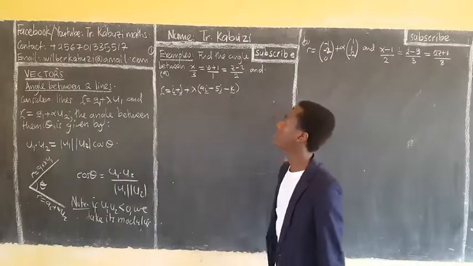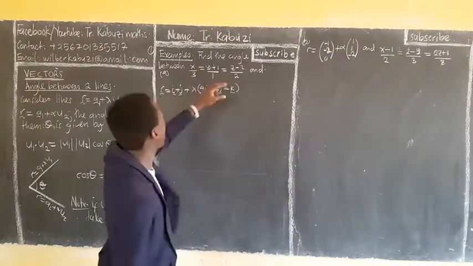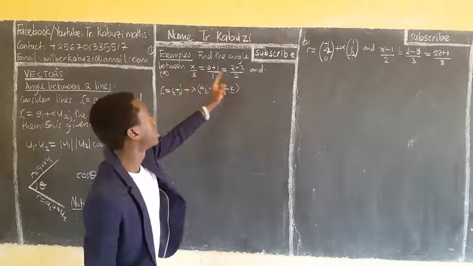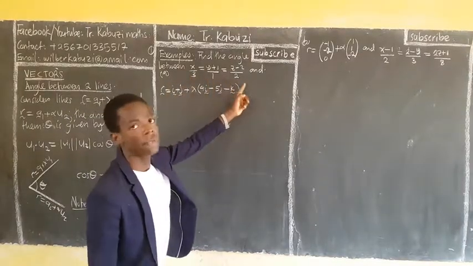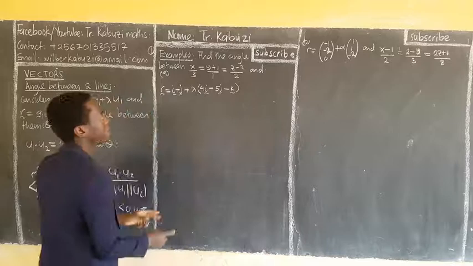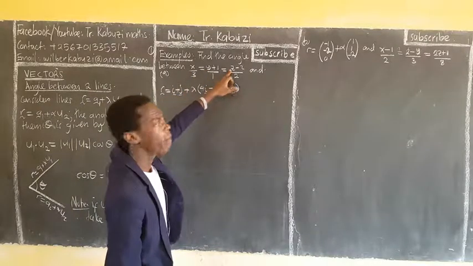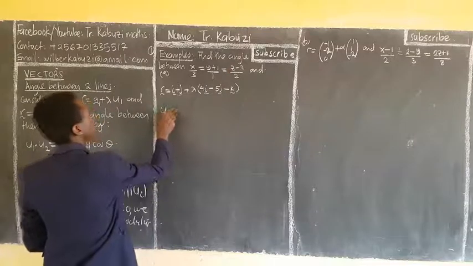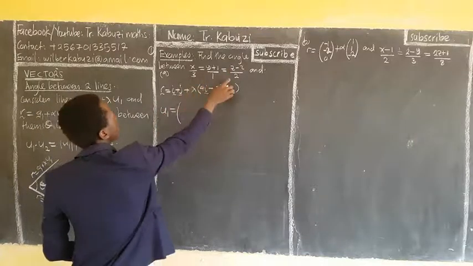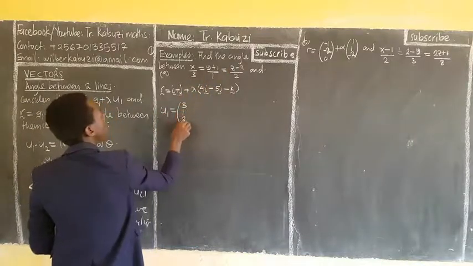So simple examples are here. Find the angle between this and this. From here we can easily pick out the parallel vector. We first take this as positive, this positive, this positive 1. So my u1 will be the coordinates 3, 1, 2.